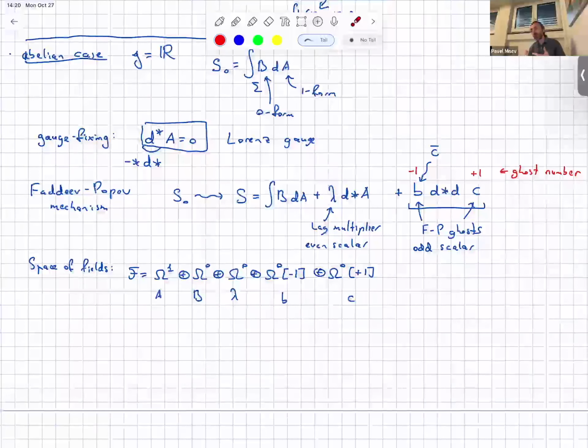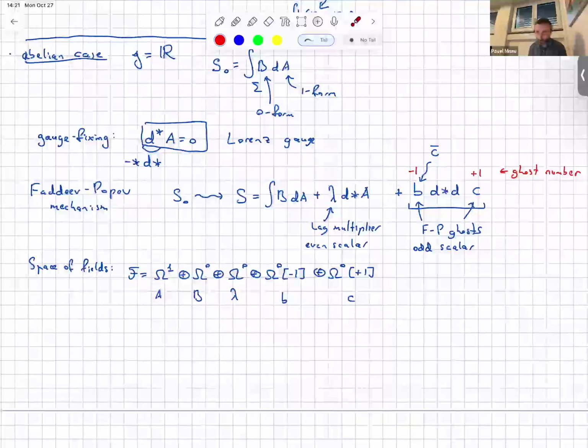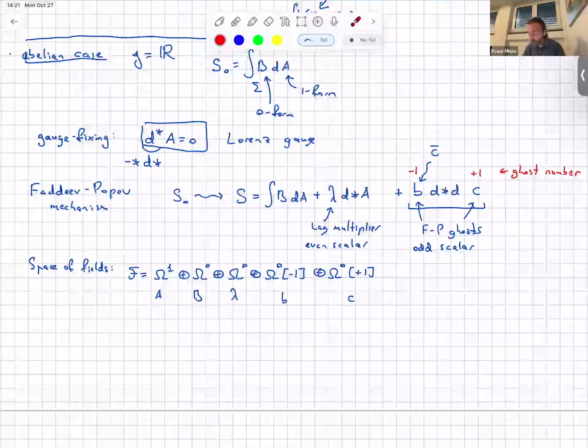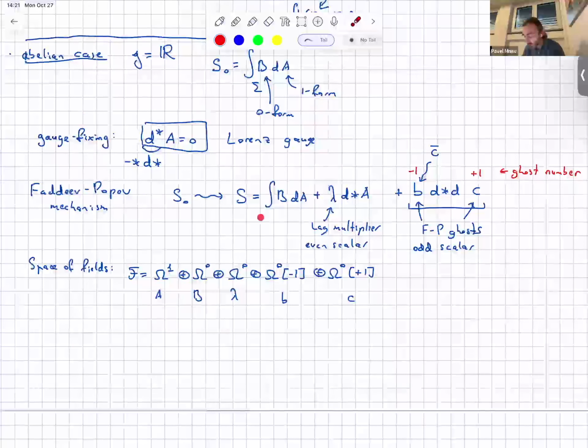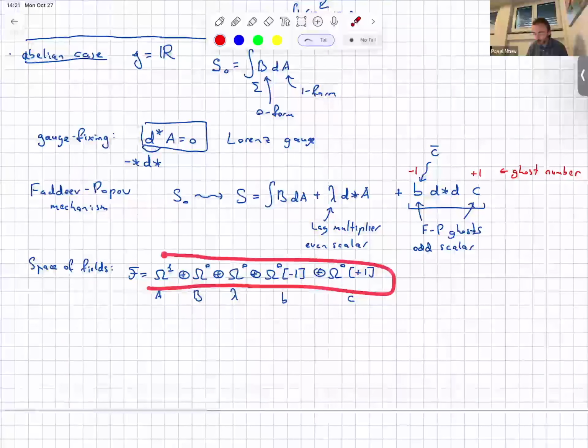Integrating over a quotient is problematic for path integrals. So the Faddeev-Popov mechanism is a sort of homological resolution, in the sense which was understood after the original Faddeev-Popov work. It's a resolution of the original path integral over a quotient by a new integral over a certain supermanifold of fields. And this is this supermanifold of fields.